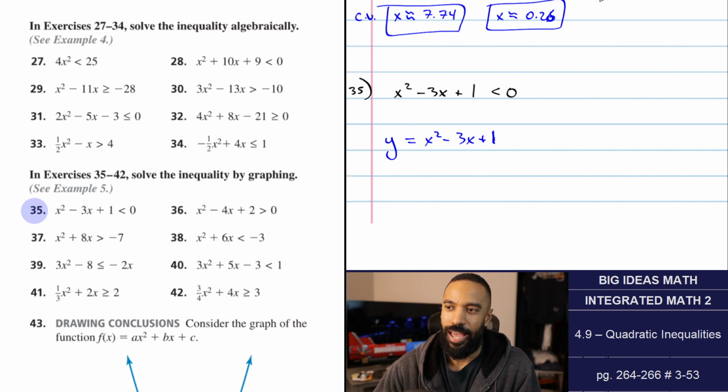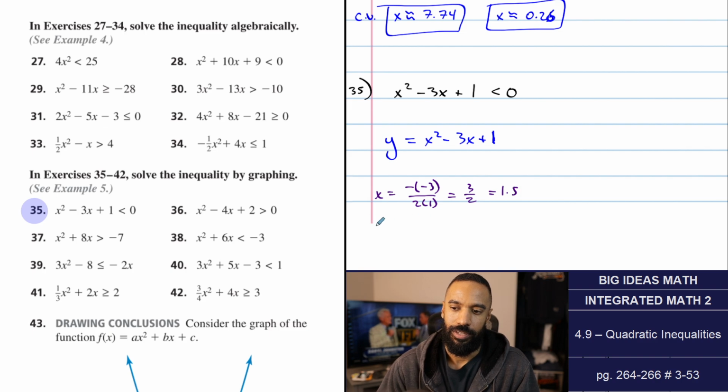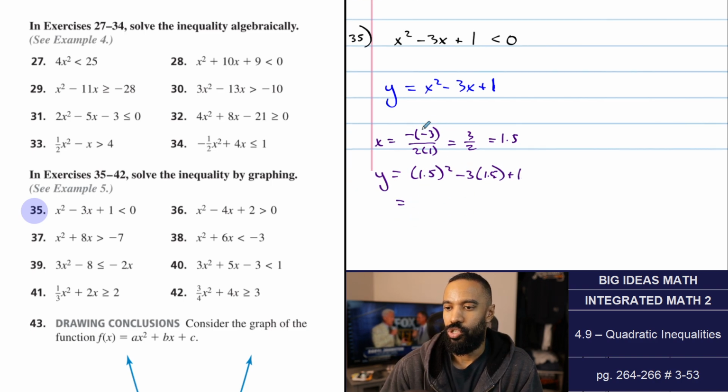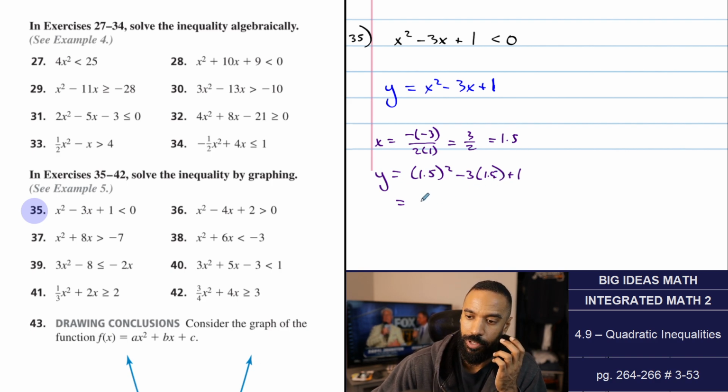So for the axis of symmetry, negative b over 2a is 3 halves, or 1.5. The y value is 2.25 minus 4.5, which is negative 2.25, plus 1 is negative 1.25.